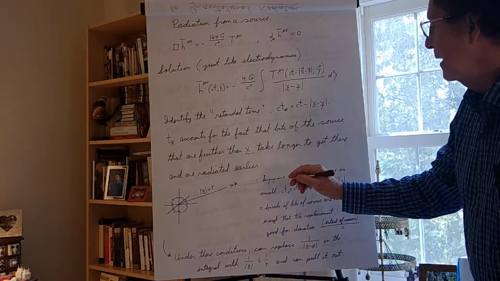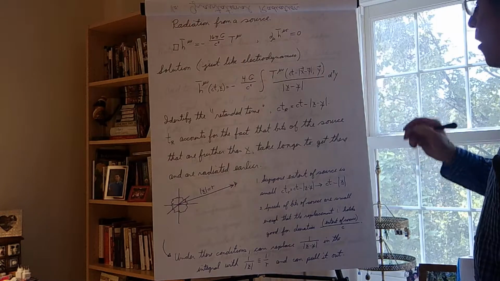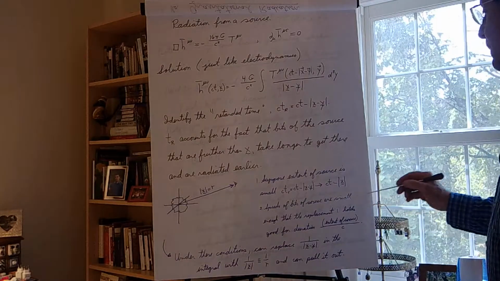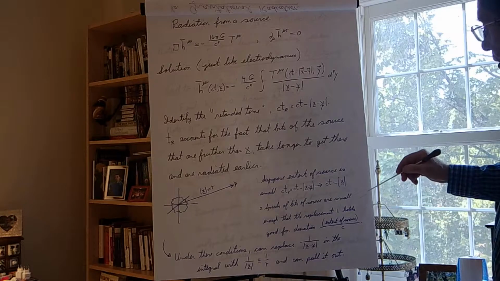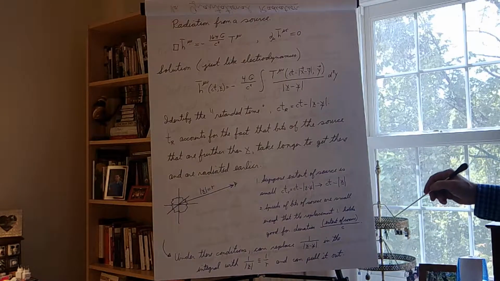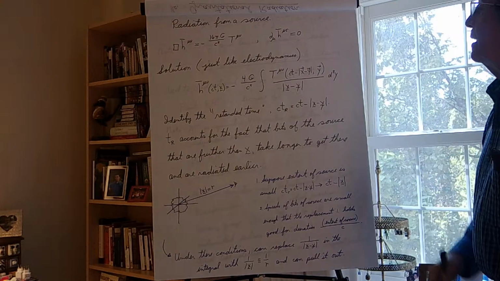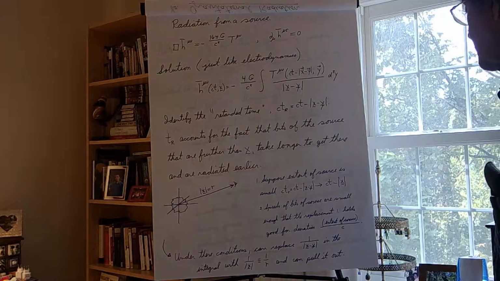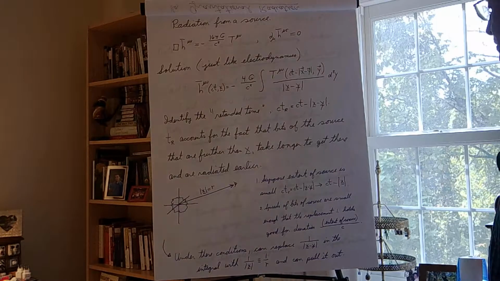That's the distance r here, and I can pull it outside the integral, and then the integral is just an integral over the source. Typically, the speeds of the bits of the source are small enough that this replacement holds good for the duration of the extent of the source divided by c. So I can consider the source frozen when I do the integral, because the time it takes for radiation to get from one end of the source to the other end is considered to be small.